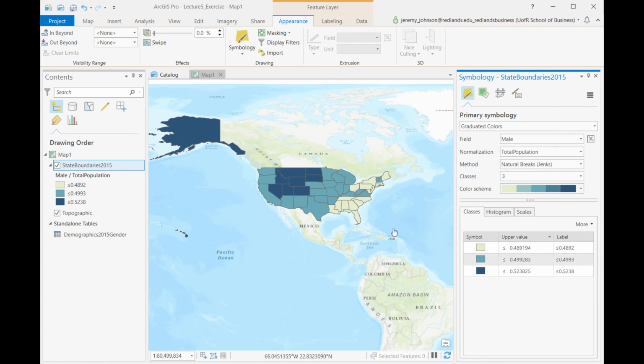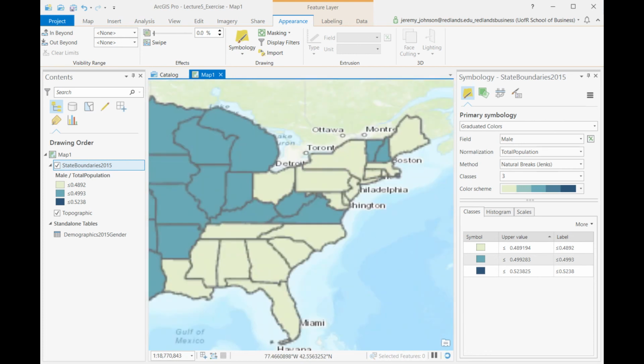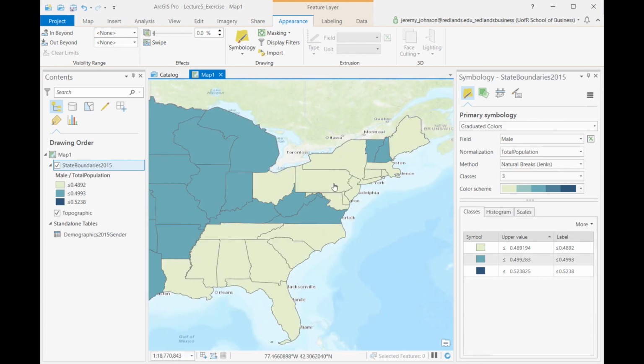We can explore the East Coast a little further by zooming in. So then we need to ask ourselves, why is it that we see a fewer or a lesser percentage of men per capita in these areas and a higher percentage per capita in the other areas?